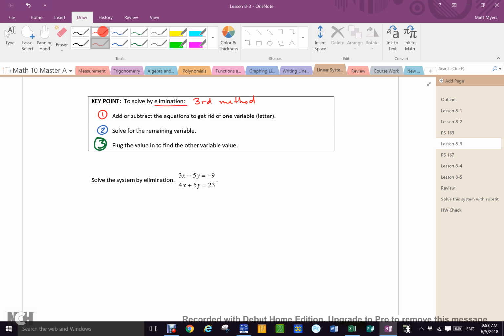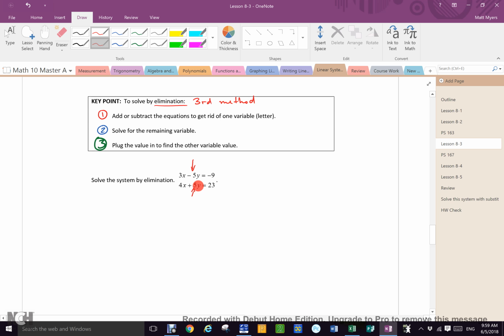Step 1 says add or subtract the equations to get rid of one letter. If you need to get rid of a letter, that means there needs to be a 0 in front of it, correct? So there must be two equations that have the exact same coefficient. Is there? Yes. 5 and 5.